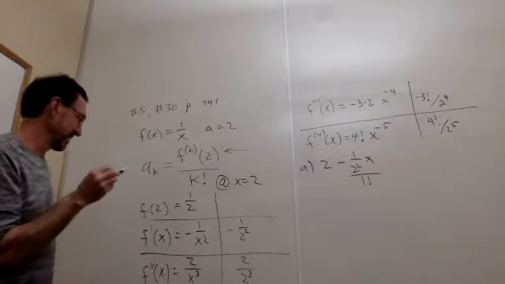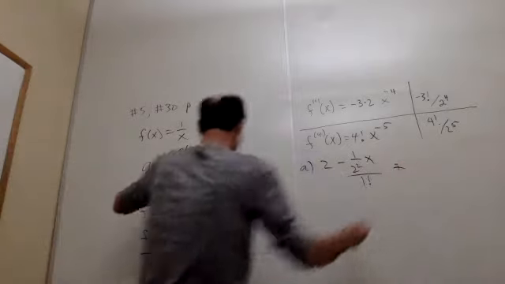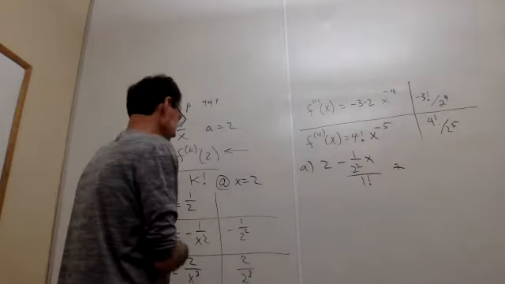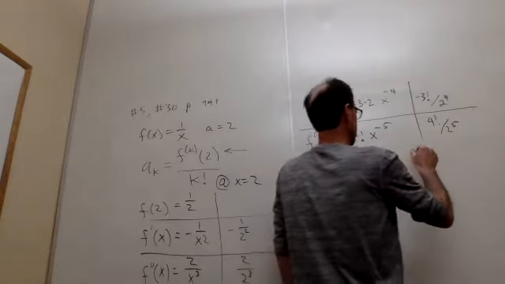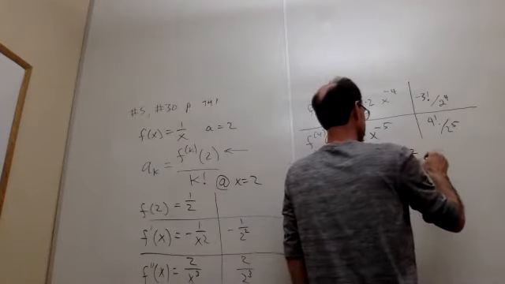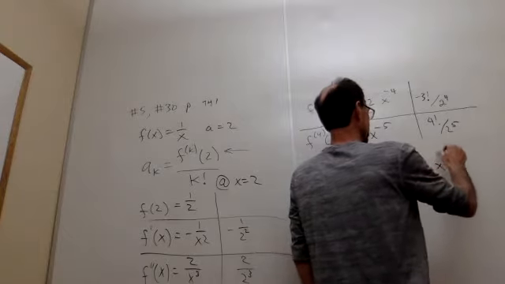All right. And then we go to the second derivative, which we have right here. 2 over 2 cubed, divided by 2 factorial times x squared.